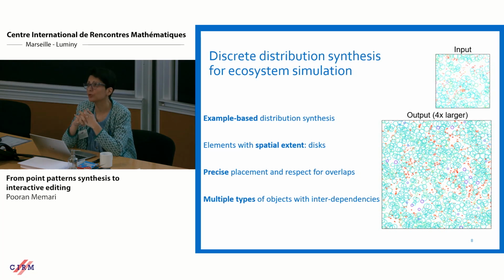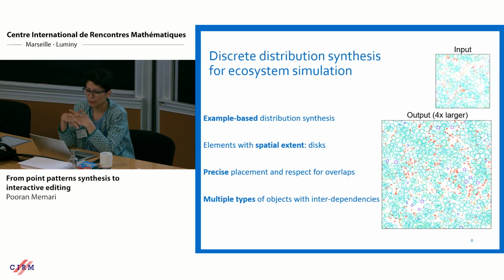And we wanted to do what we call discrete distribution synthesis here, to be able to, from such a small input, extend this data to a larger domain with the same statistical features, but without any repetitive artifacts.